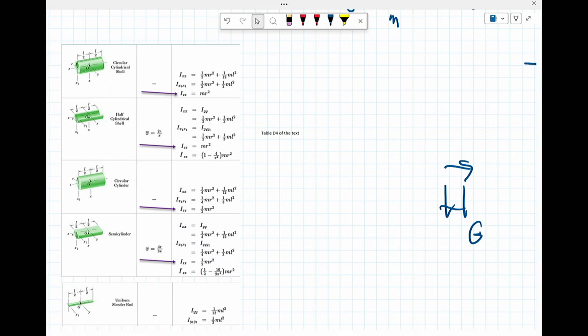You have half cylindrical shell. You can see the mr squareds. So those are hoops about the z-axis. You have circular cylinder, semi-cylinder, and we get both of these nice little half mr squared terms, and the 1/12 ml squared and the 1/3 ml squared. I'm going to derive the equations for the slender rod because I think it's still worthwhile. But that's table D4. You have it. You have the whole text.